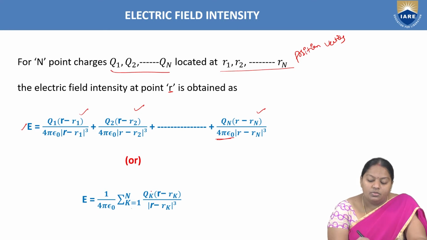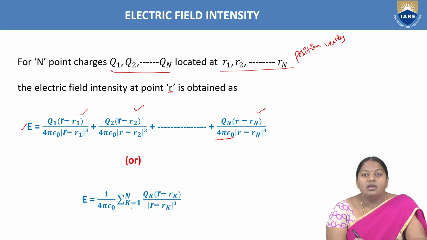So E equals 1 by 4 pi epsilon naught. If we substitute k equal to 1, then Q1 into R minus R1 by modulus of R minus R1 whole cube.